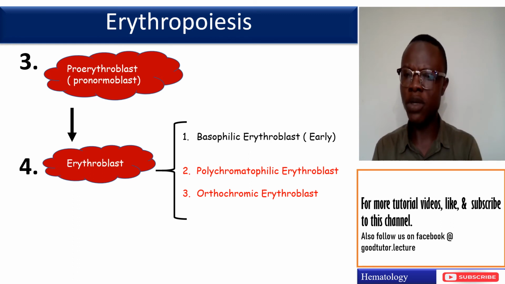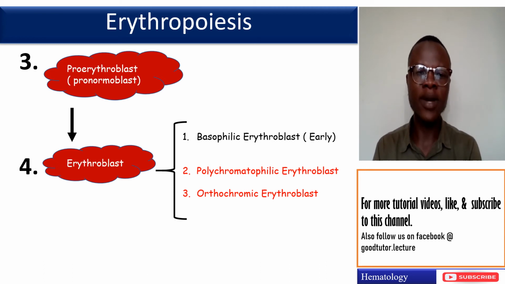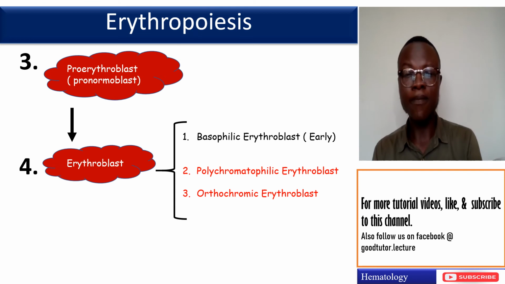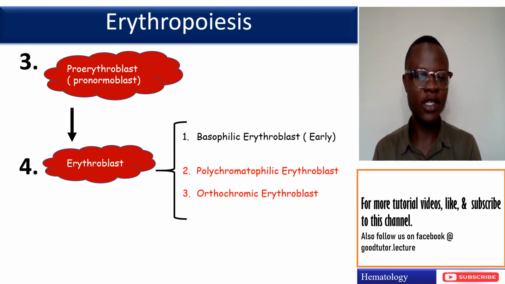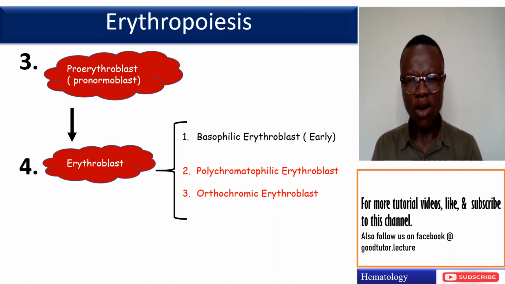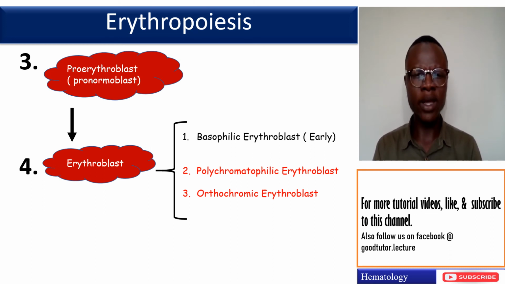So hemoglobin formation actually begins at these stages of the erythroblast stage of red blood cell formation. Basophilic, as the name suggests, we have the cytoplasm of the erythroblast primarily occupied with basophilic material, right? That is basically about the erythroblast stage of erythropoiesis.